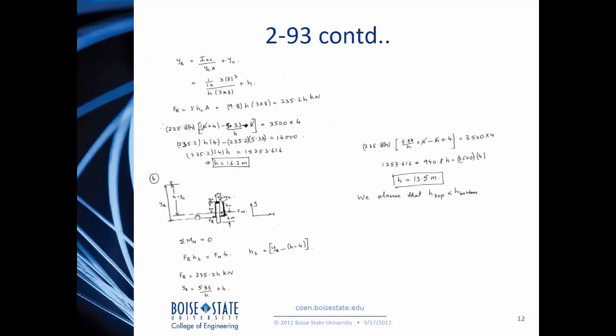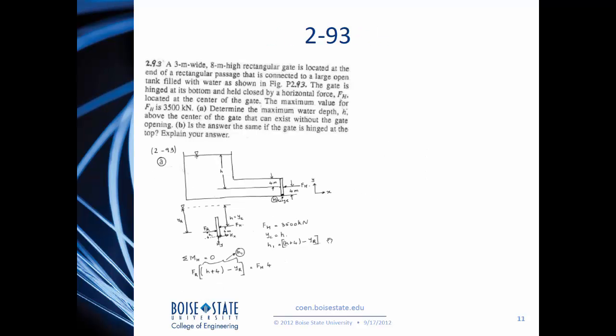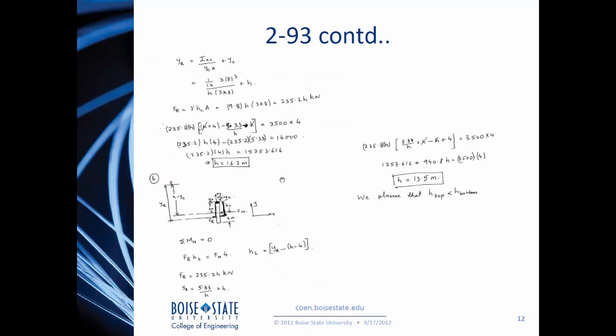We can do a similar analysis when we hinge the gate at the top, and you will find that the height determined is 13.5 meters. This makes sense: if we hinge the gate at the bottom, the amount of water that could be held increases compared to holding the hinge at the top of the structure, as shown in this diagram.